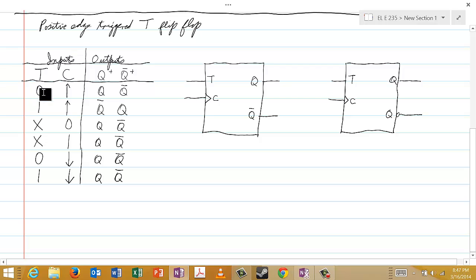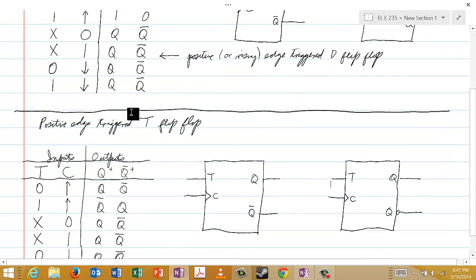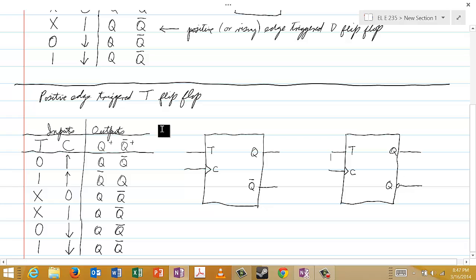Remember that for the D flip-flop, the next value of the output was just a delayed version of D. So when D was equal to 0, the next value of the output was 0, and when D was equal to 1, the next value of the output was equal to 1. We see that right up here: 0, 0, and 1, 1.